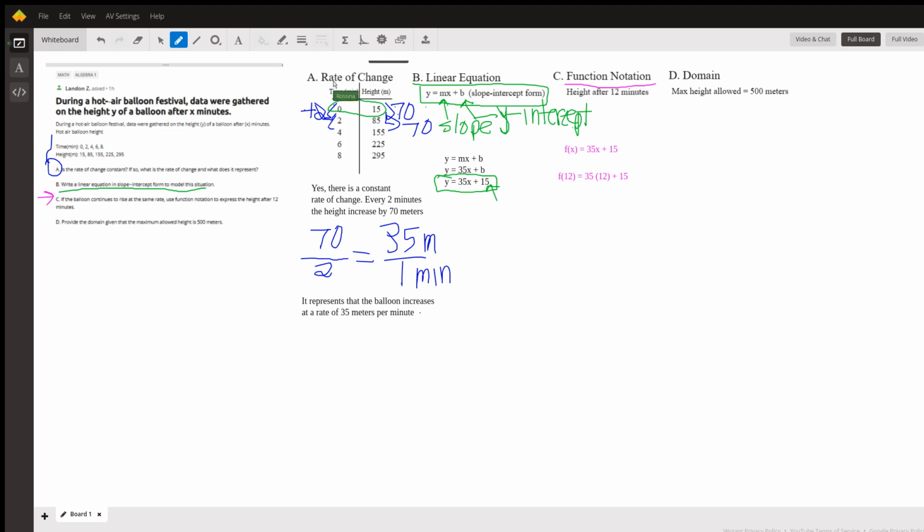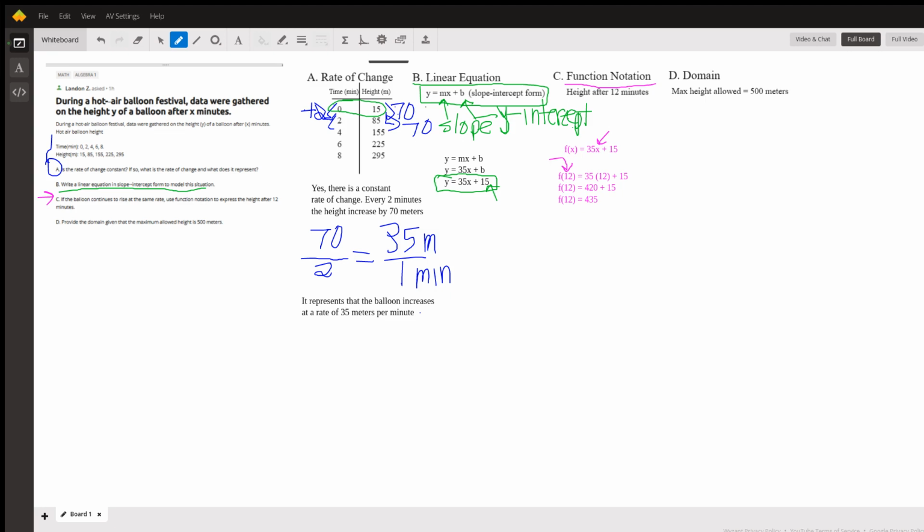You're basically in function notation being told what to plug in for x. So whatever number is here, that's what I want to plug into my x values wherever you see them in the equation. Now when we solve this, we're going to get 35 times 12 is 420. So let's write this as f of 12 equals 420 plus 15, and the final answer, f of 12, equals 435.